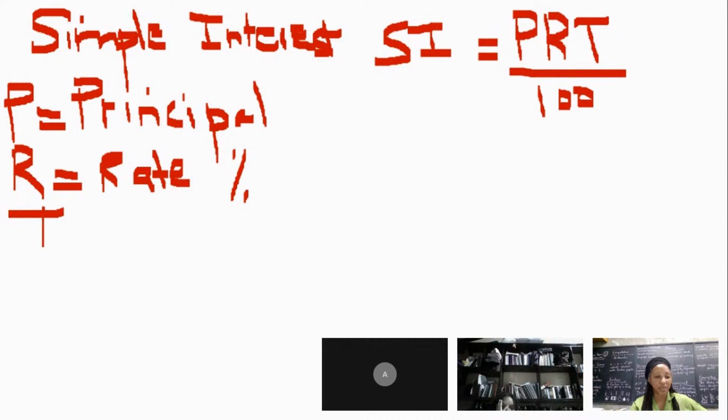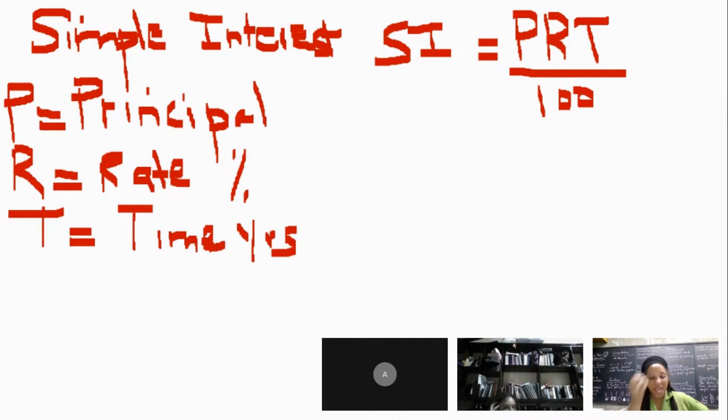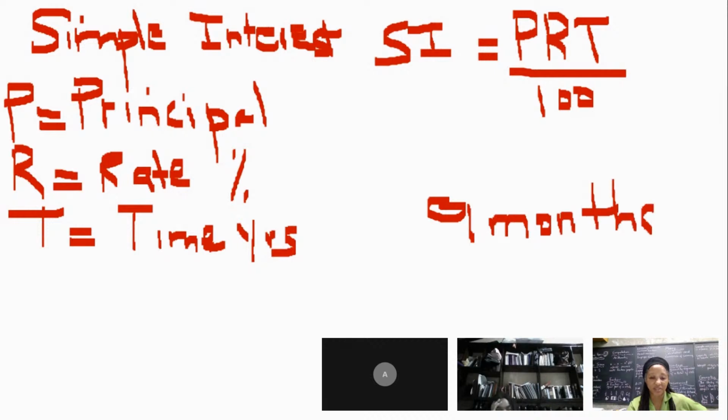And T would be time in years. So remember, this is important. If time is given in months, so let's say 9 months, you still have to express it as years.